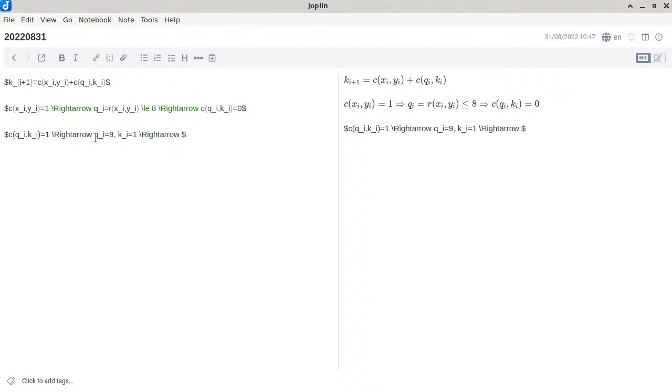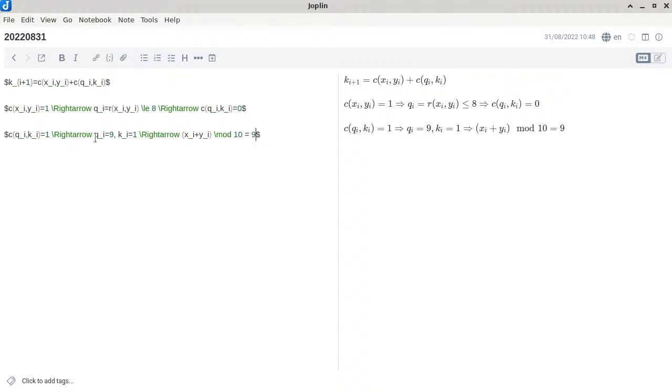So this in return implies xi plus yi, the whole thing mod 10, is 9. How do we know that?